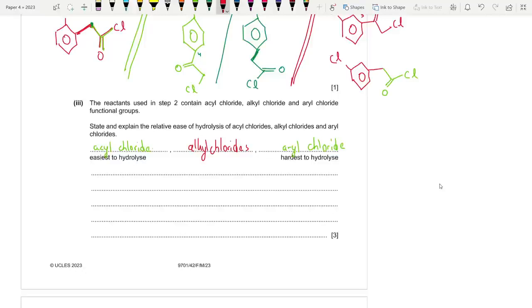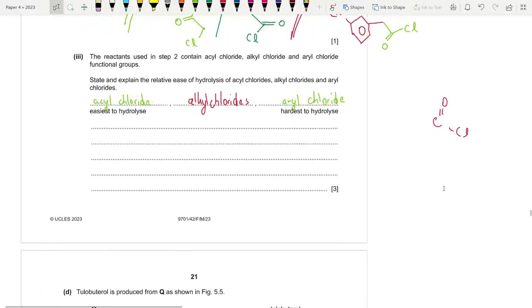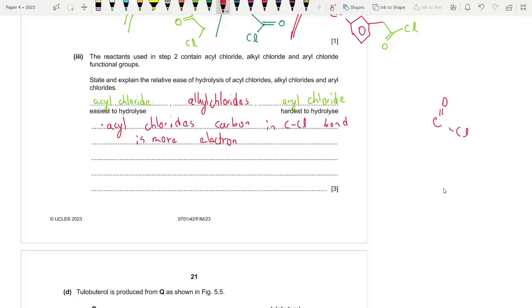Basically, the acyl chloride, COCl, is attached to two electronegative atoms, right? So the acyl chloride's carbon in the C-Cl bond is more electron deficient since it is also attached to an oxygen atom.